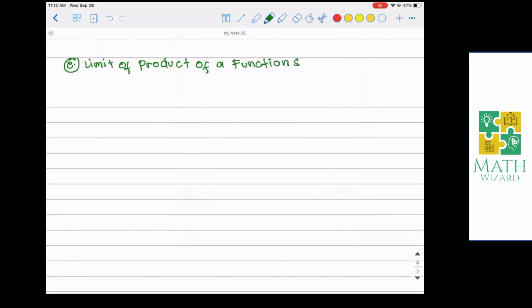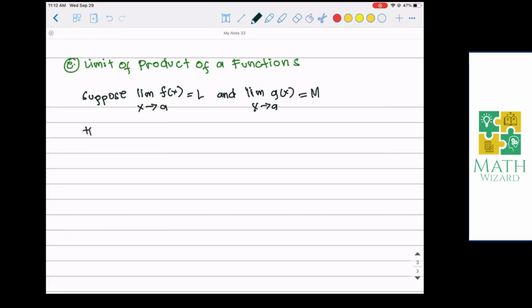So the limit of a product of functions. It says that, suppose we have the limit of f of x as x approaches to a, let's say this is L, and the limit of g of x as x approaches to a is equal to M. Okay.